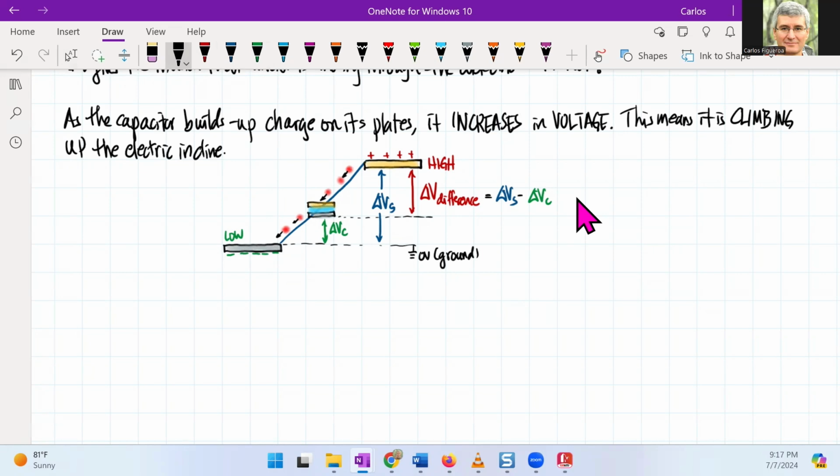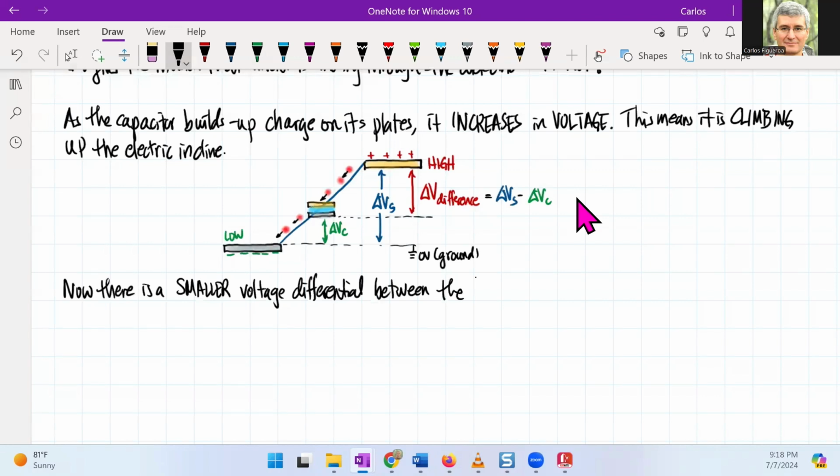So let's write that up. So now there is a smaller voltage differential between the battery and capacitor.